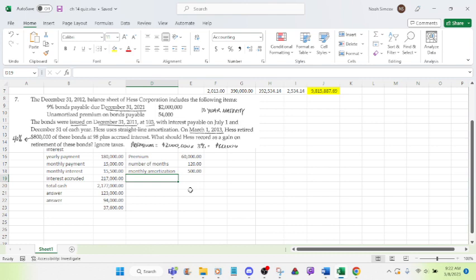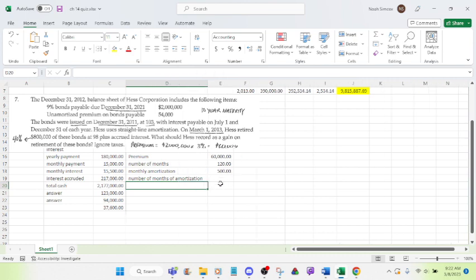we've calculated, I mean, there should be number of months of amortization is going to be 24 because it started, oh wait, hold on a second. So, no, it's 12 plus 2, so 14 months.